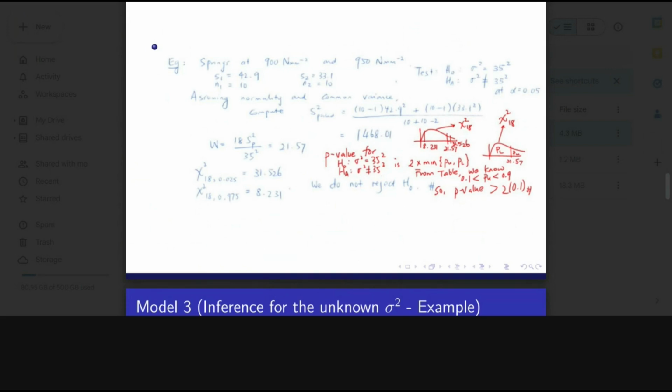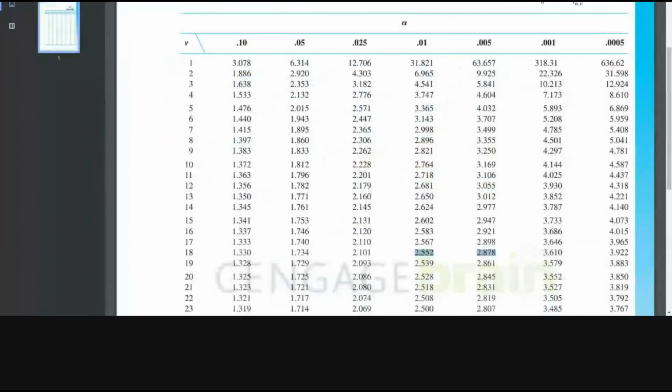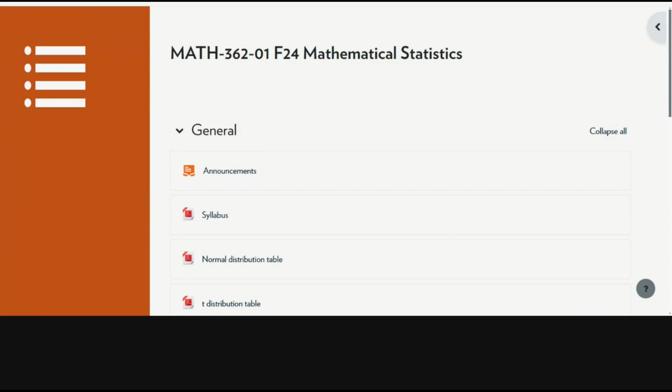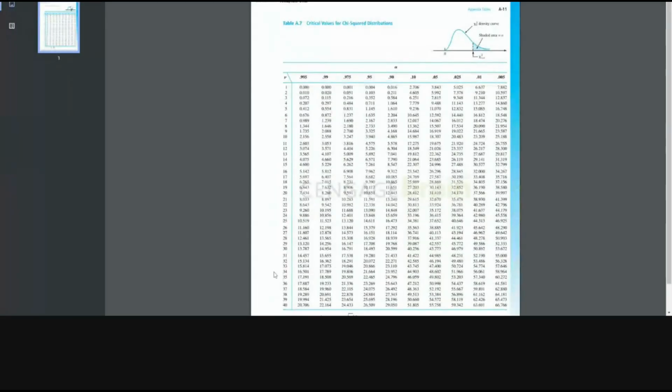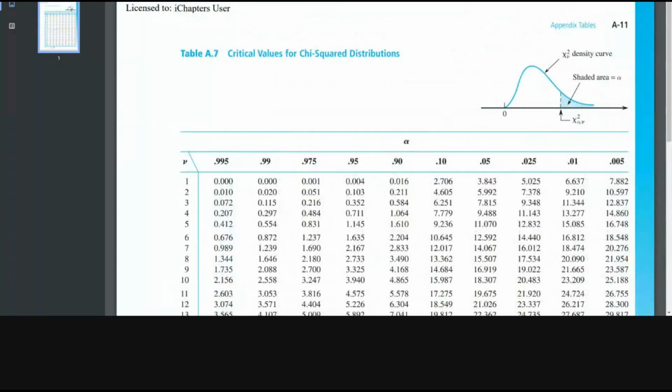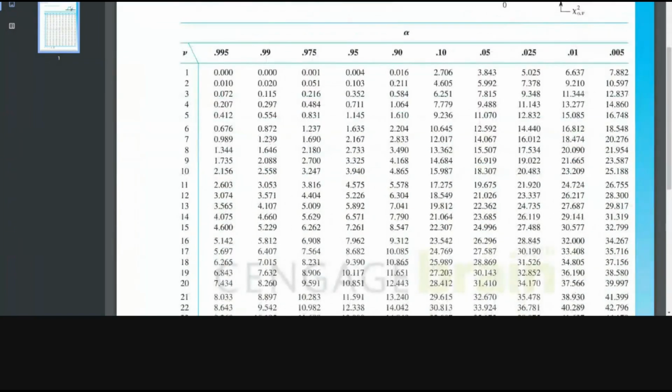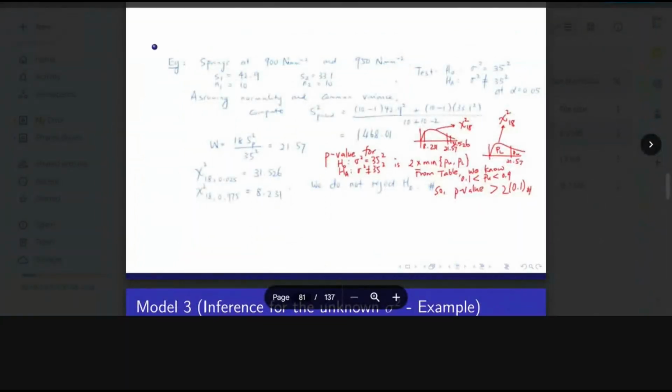All right? How do I know that this area is between 0.1 and 0.9? You go to the chi-square table. I'll show you. So on our page, we have the chi-square table as well. We were on 18 degrees of freedom. And the W that we calculated was 21.57.